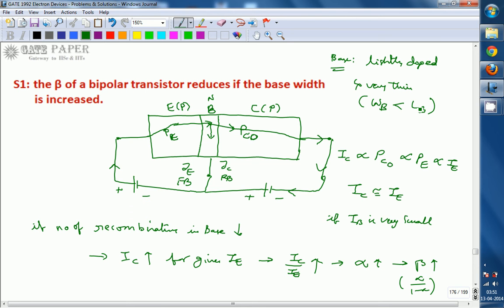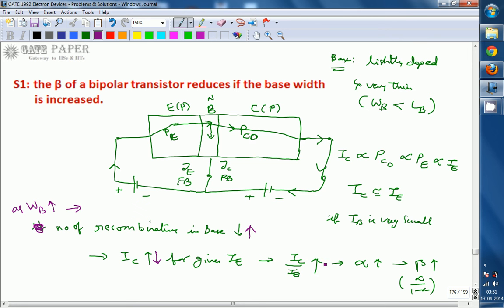If you make WB large, the number of recombinations in the base increases. Whenever that increases, the IC value reduces for a given IE, because of more recombinations.